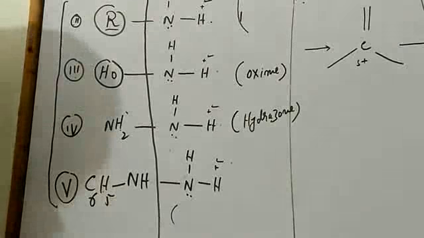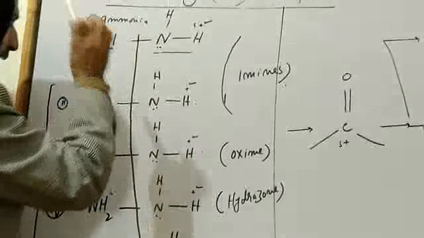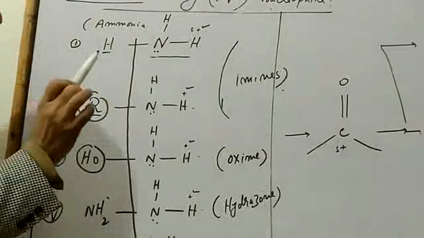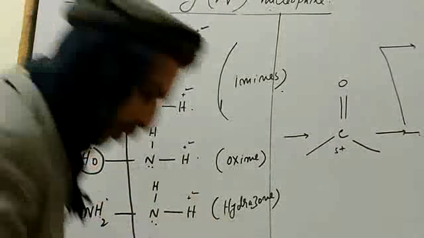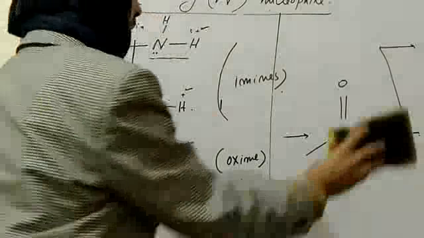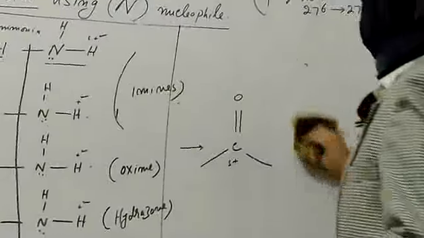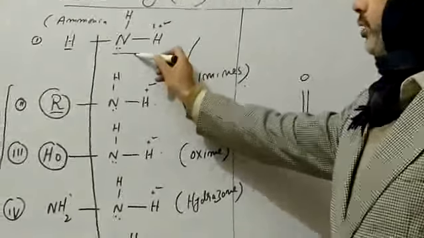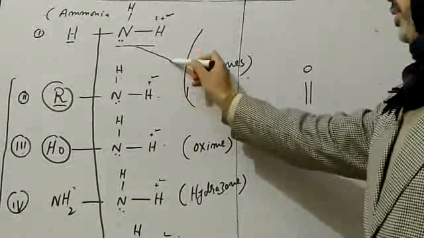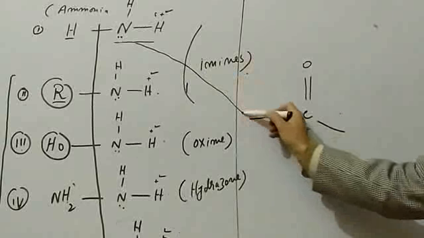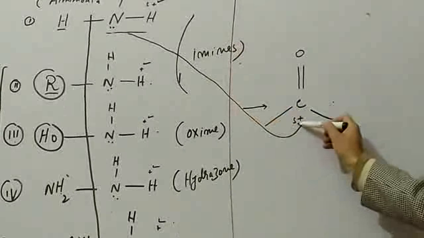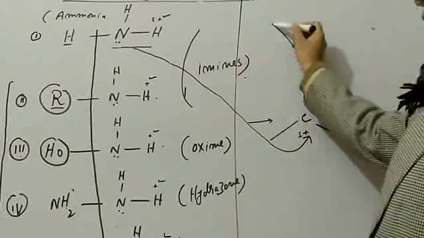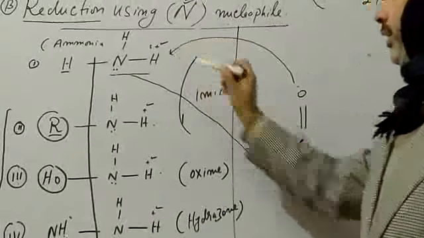Now look over here. Just try to understand only one reaction, and the rest of the reactions will become very easy. There will be no problem at all. Now here, try to understand what I am doing. Look over here. This nitrogen will attack over here, and this oxygen will attack on this hydrogen.